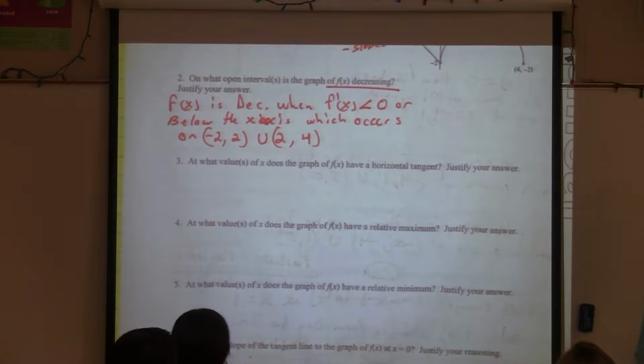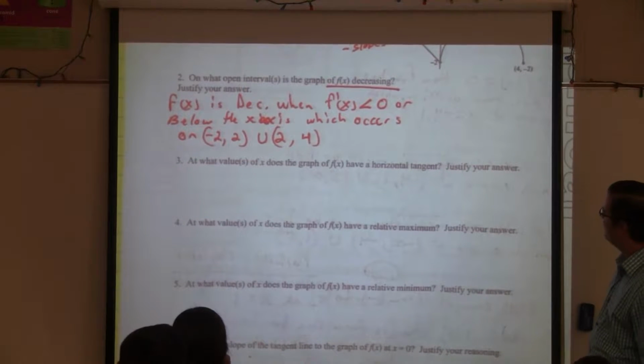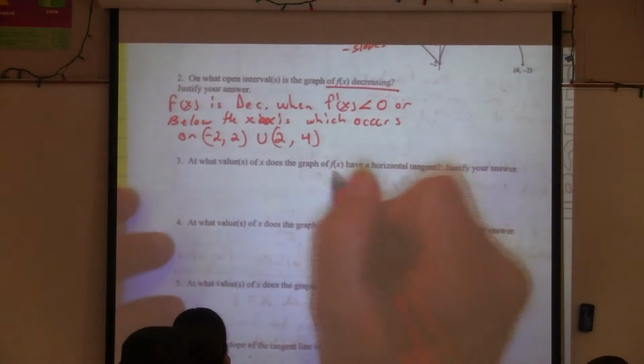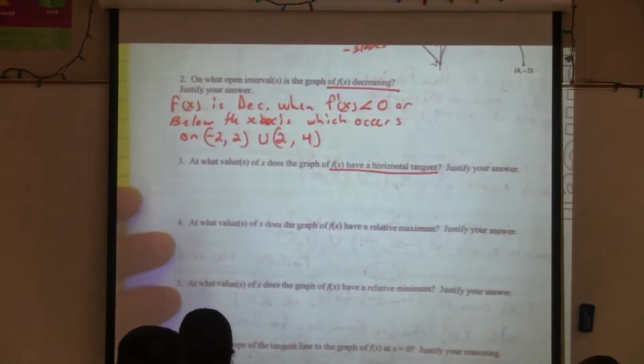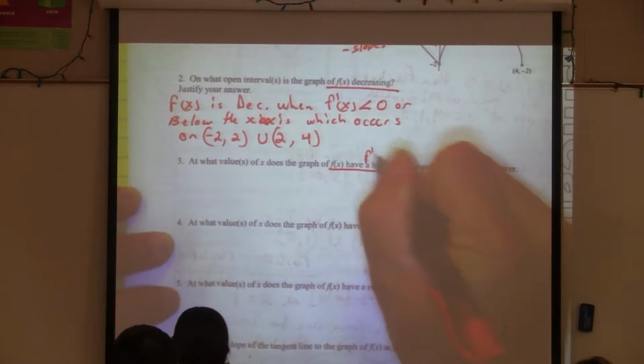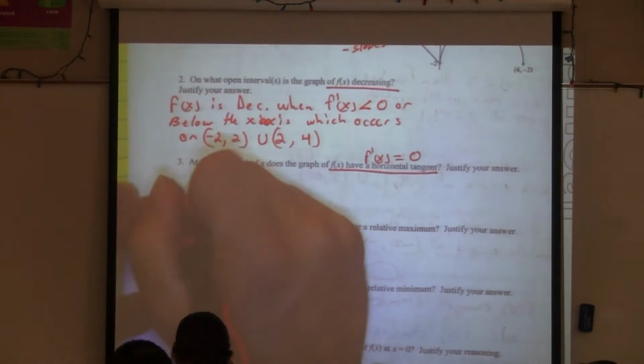Actually, let's look at number 3. Read it for us, Montserrat. At what values of x does the graph of f of x have a horizontal tangent? Okay, so we want the original graph to have a horizontal tangent. When does the original graph have a horizontal tangent? When the slope of the tangent is equal to 0. Very good. We know that this is true when the derivative is equal to 0. So let's write that down.